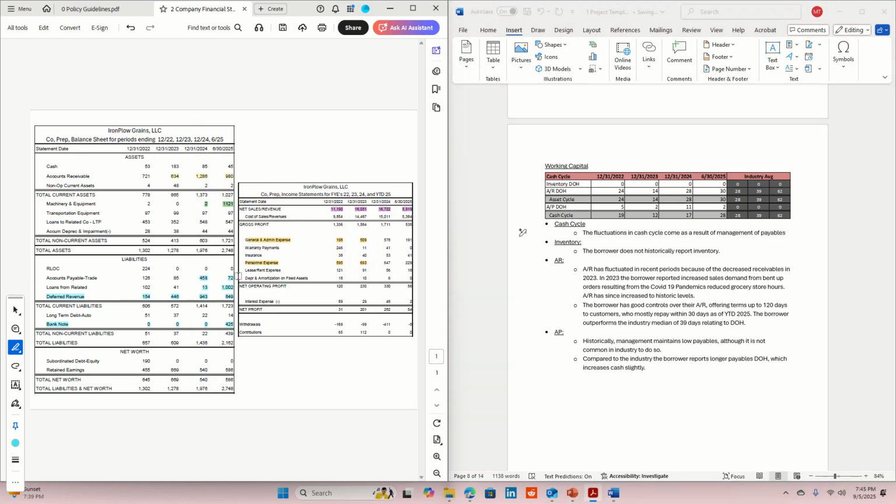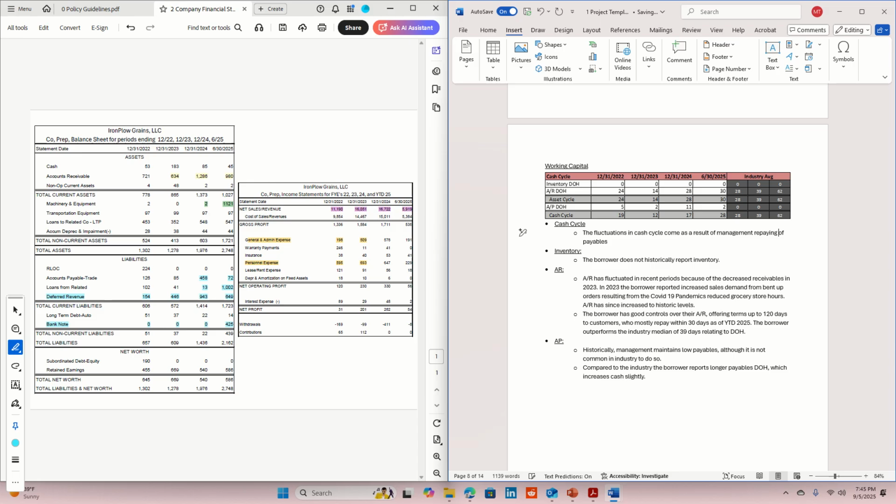They paid off $400,000 worth of payables. So the fluctuations in cash cycle come as a result of management repaying around $400M of payables. I like to put this little symbol there, which means around.